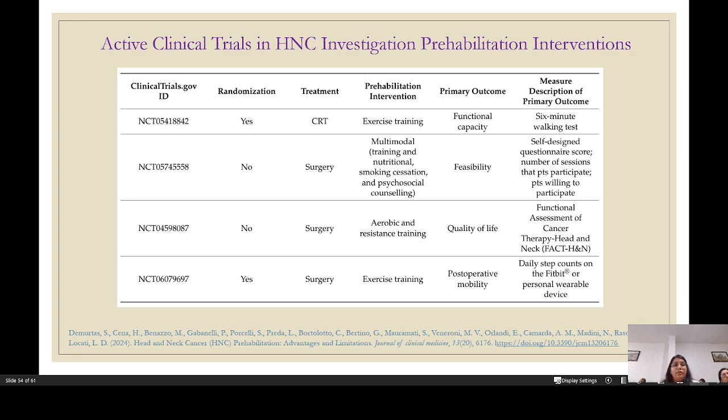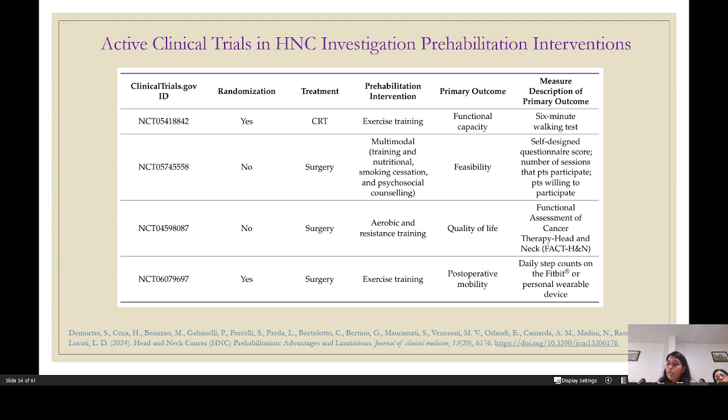So, some active clinical trials in head and neck investigate rehabilitation interventions. The first trial is NCT05418842. That trial includes randomization, and treatment included chemotherapy and radiotherapy.